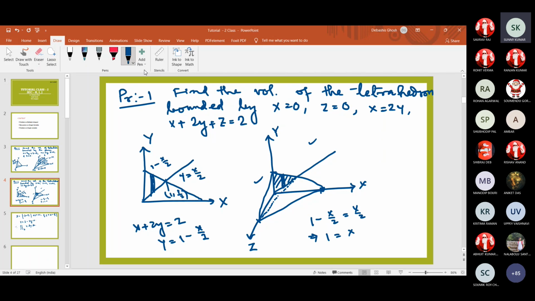If we take z equals 0, it becomes x plus 2y equals 2, which gives y equals 1 − x/2. This is the line in the xy plane, and the other line is y equals x/2.